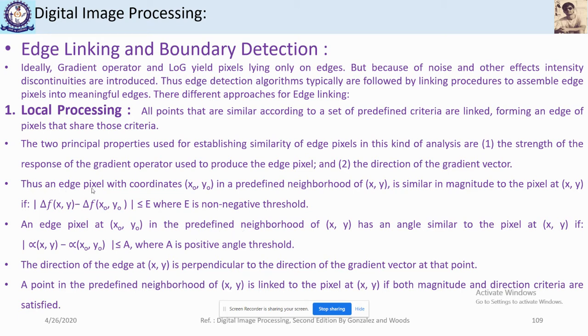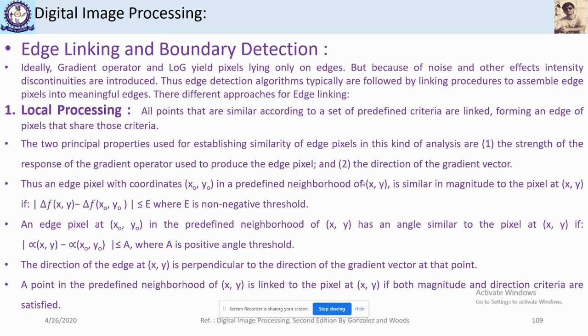Thus, an edge pixel with coordinates x0, y0, a predefined neighbor of xy, is similar in magnitude to the pixel at xy if the gradient of f(x,y) minus the gradient of f(x0,y0), this difference, is less than or equal to E, where E is some non-negative threshold. So here, suppose we have a pixel x0 y0.